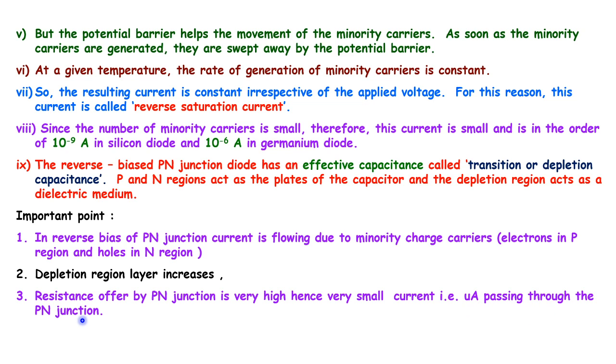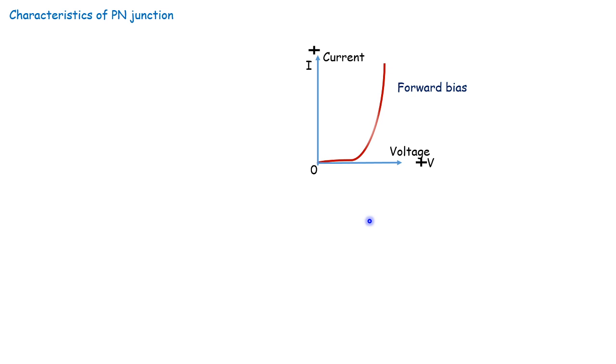Now let us discuss the characteristics of the PN junction, that is forward bias and reverse bias. So this is the forward bias characteristic. It is plotted in the first quadrant in Cartesian coordinates.